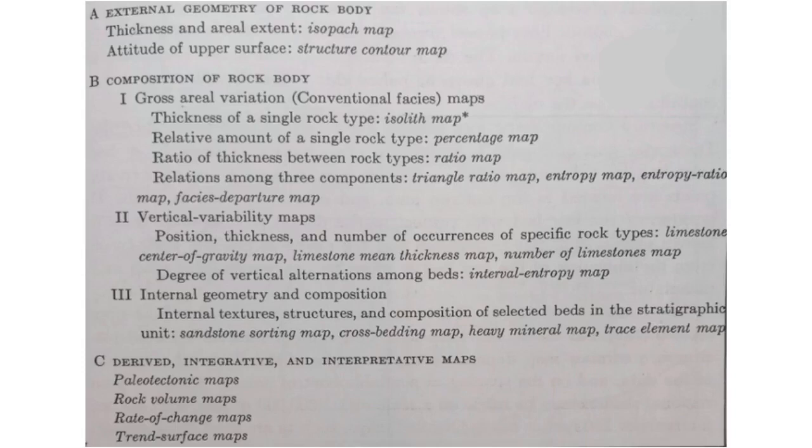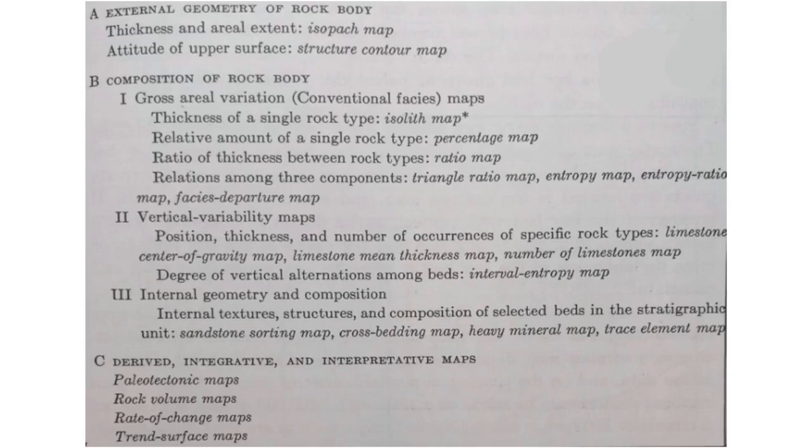So for single rock units, there is an isolith map of sandstone and an isolith map of limestone. Number two, a relative map about a single rock type. Relative means a percentage map. You can calculate how sandstone is represented as a percentage of the lithology of the area: 30% sandstone, 50% limestone, 20% marl, and so on.